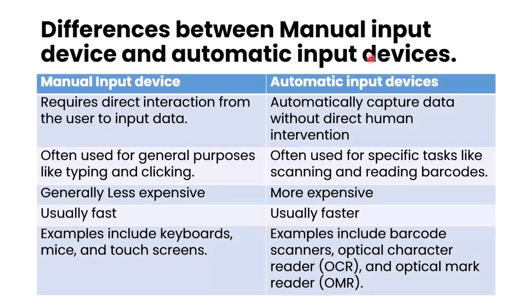Now we have to know the differences between manual input devices and automatic input devices. What's the key difference? Under the manual input devices, they require direct interaction from the user to input data.